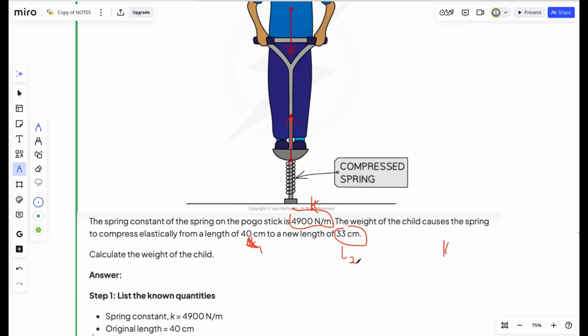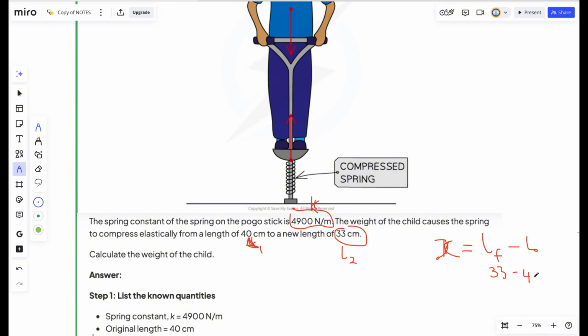So the first thing we do is to calculate the extension, because this question did not give us the extension. How do we calculate extension x? Extension is the final length of the spring, L final or L2, minus the original length, L1. So this will be 33 minus 40, which gives us a negative number, 7.